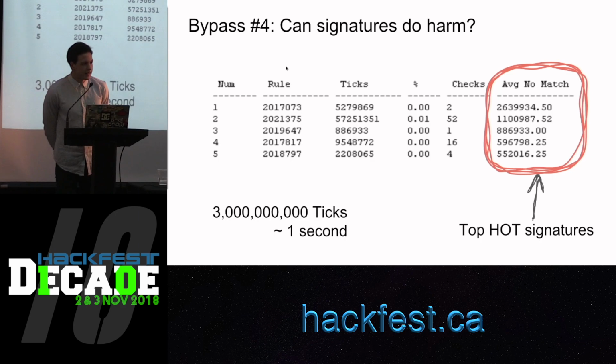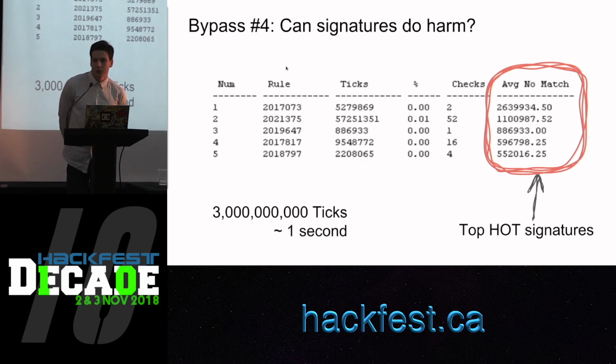So now let's take a look into the IDS system heart, the signatures. What if signatures can do harm? Sounds slightly weird, right? So this is my last bypass story for today, but the sweetest one, because this is a complete denial of service attack for the IDS system.